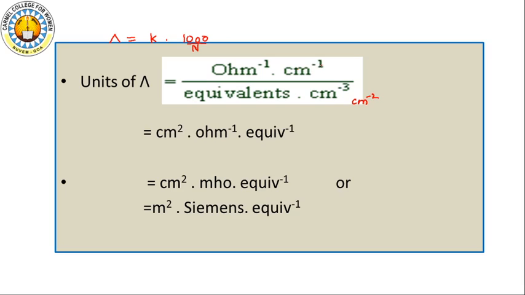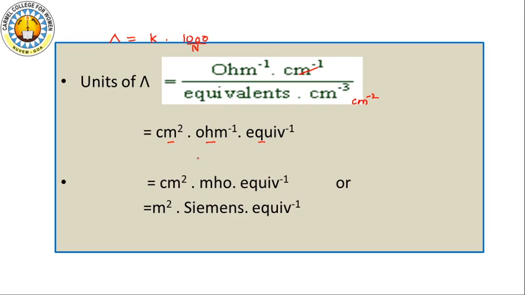This centimeter minus 2, when it goes in the numerator, we can write it as centimeter square ohm inverse, and equivalents, when it goes in the numerator, will be equivalent minus 1, equivalent inverse.